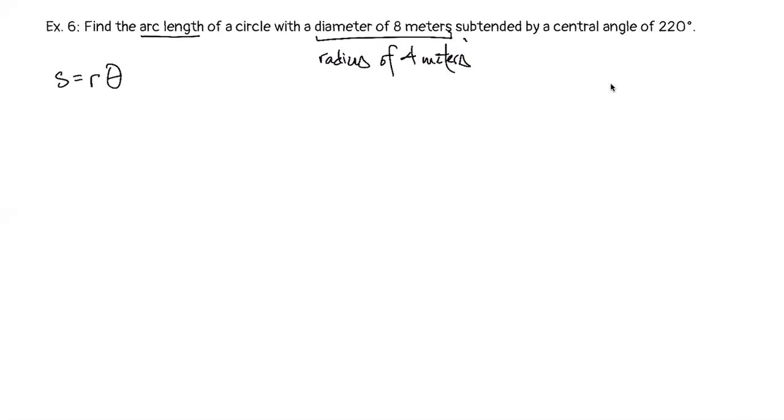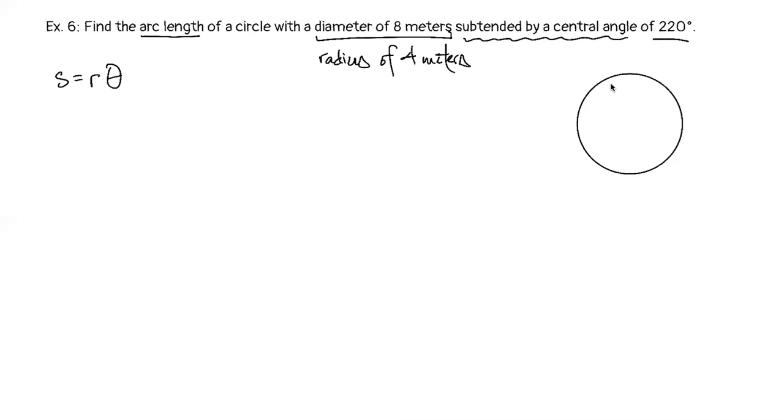Now, when it says subtended by a central angle, all that means is we have a central angle that is 220 degrees. So I'm going to draw a diagram of a circle. We're going to draw the angle that is 220 degrees in standard form.